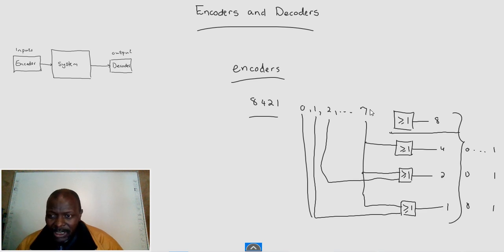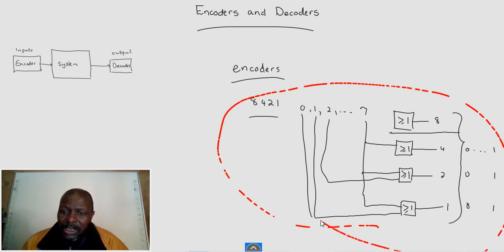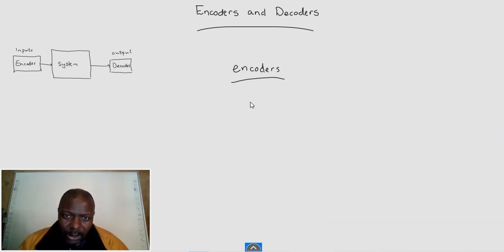Sometimes we can cut that to lesser bits. We can be asked for a 2-bit decoder, which would just do the counts. 2 bits can only do 0, 1, 2, and 3. That will be a 2-bit decoder. In that case, you have your 0, you have your 1.